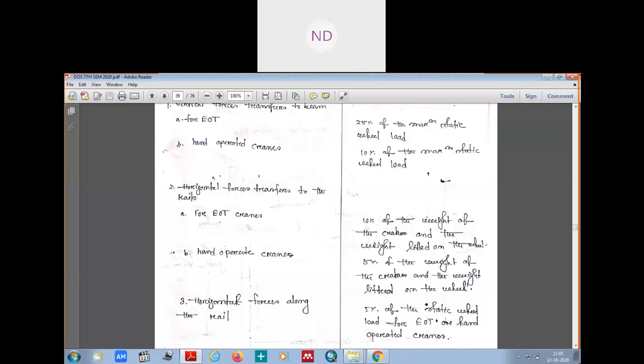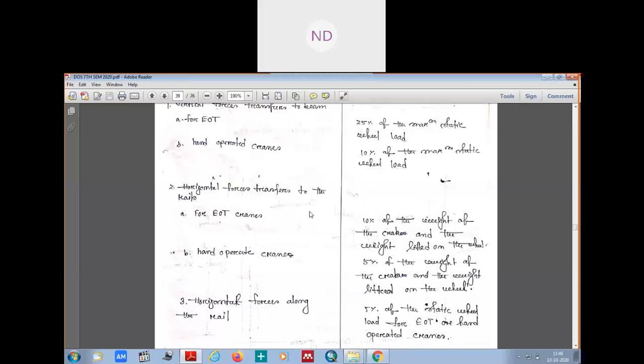I told you, this side was our gantry girder, this side the crane girder, and our trolley will also move in this way. So this is the surge load which is transverse to the rails, that means with the trolley moving on the crane girder.